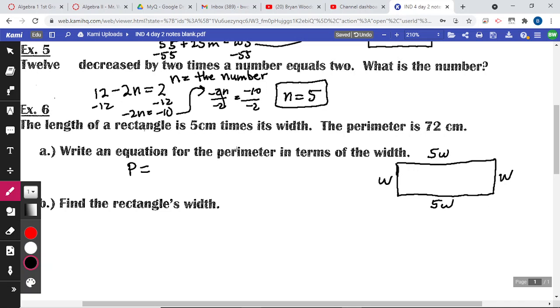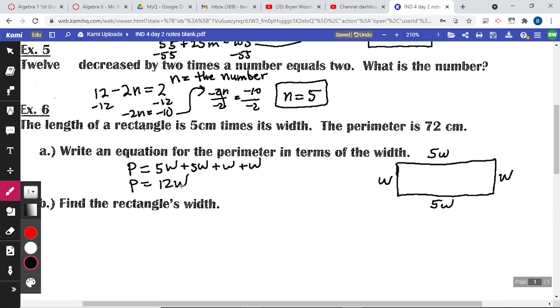So let's say it's 5W plus 5W plus W plus W. So see how valuable it was to assign that variable and draw the diagram, because now we can put the perimeter in terms of width very easily. You just add up all of those distances all the way around, and we can simplify that. Combine like terms, they all are times W, so that's 12W. So that's the perimeter in terms of the width.